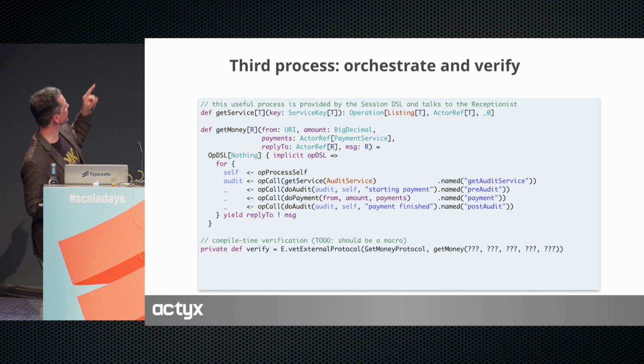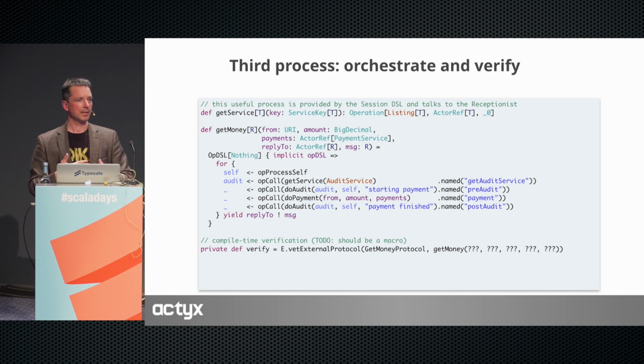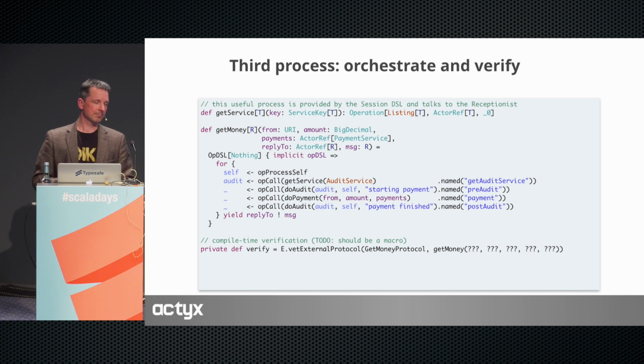And then this method uses simple implicit resolution to do a computation on these types to see if they match. And if you forget any of the lines, or if you just do something wrong, or send the wrong message at the wrong time, then this line will not type check. The compiler will tell you, you did something wrong here. There is one catch.